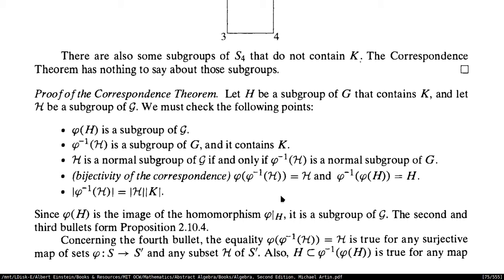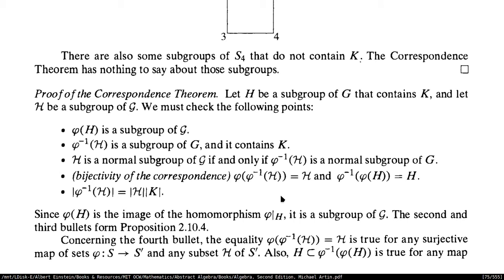Okay, so phi of the preimage of this set curly H. Here you're just taking any subset, and that's going to give you the same thing, right? Here you just consider a map between sets, S to S prime, and H is a subset of S prime. Also, this H is a subset of the preimage of the image of H, right?